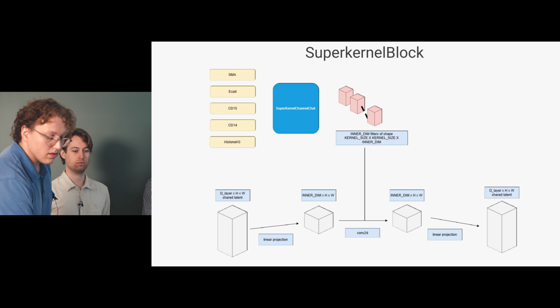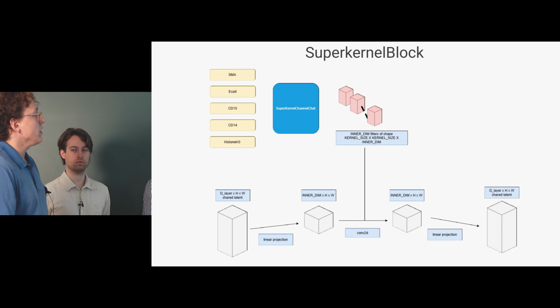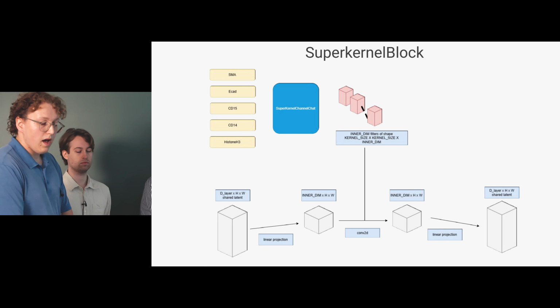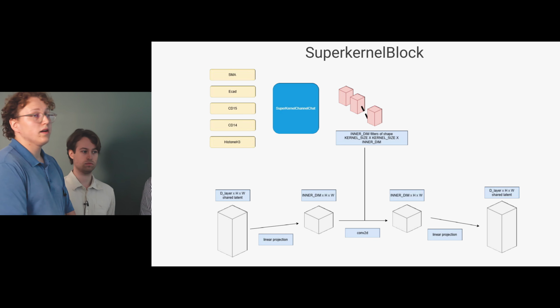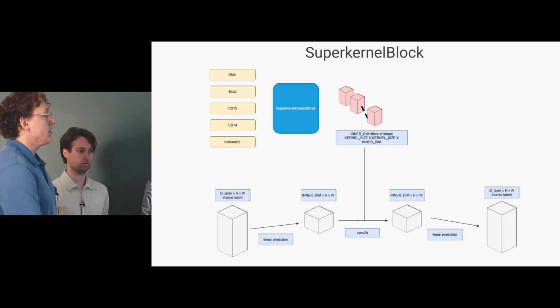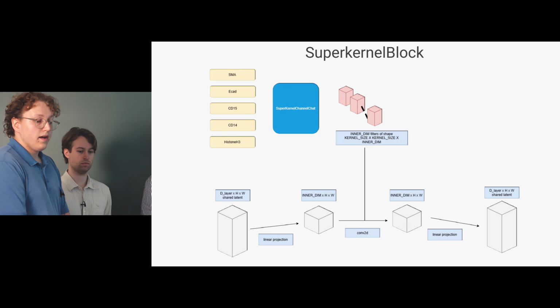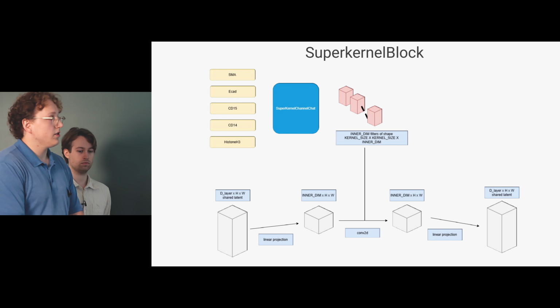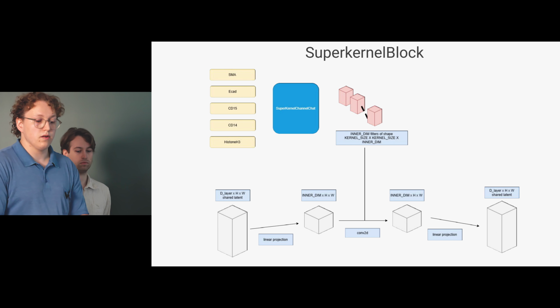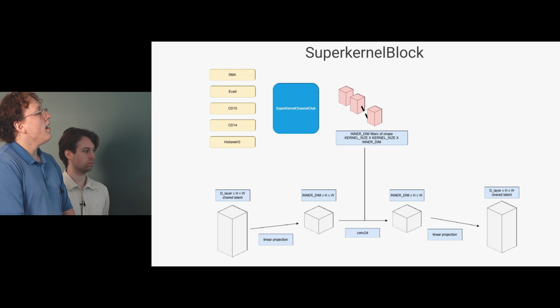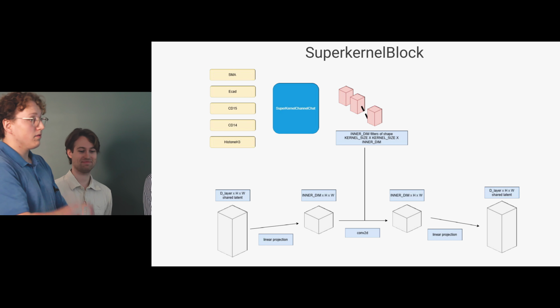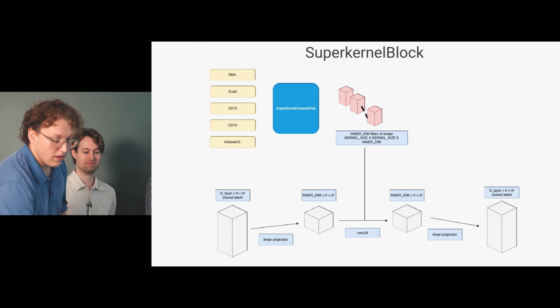So first we project the output of the convolution into a lower-dimensionality space, and we apply the generated convolution on this lower-dimensionality space, and then we project back into the space of the convolution block.